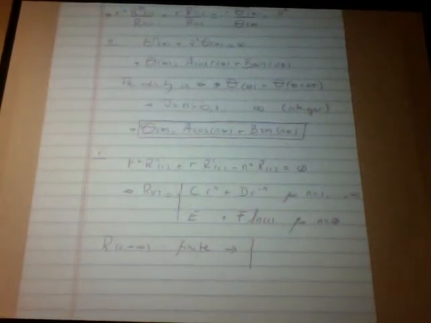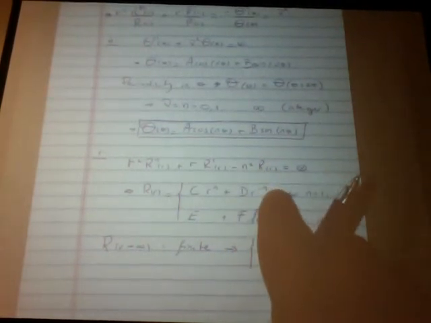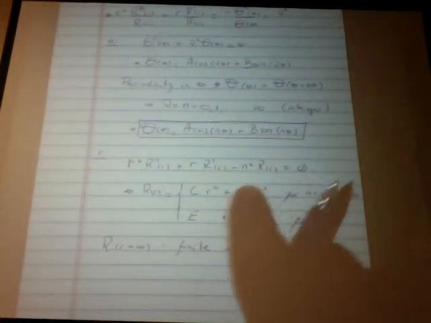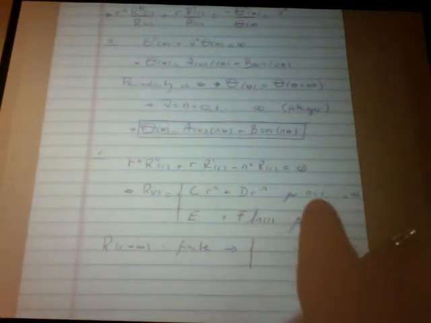When r goes to infinity, how much is r to the minus n? 0, right? So this goes to 0, that's fine. How much is r to the n, where n is a positive integer? Infinity. So C must be 0 in this case.